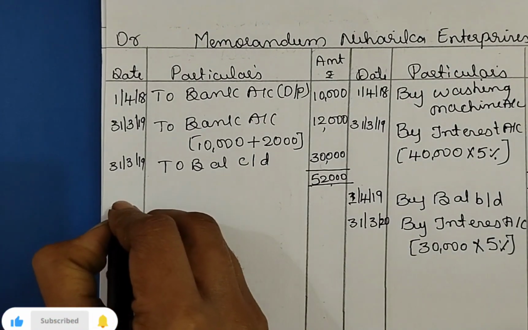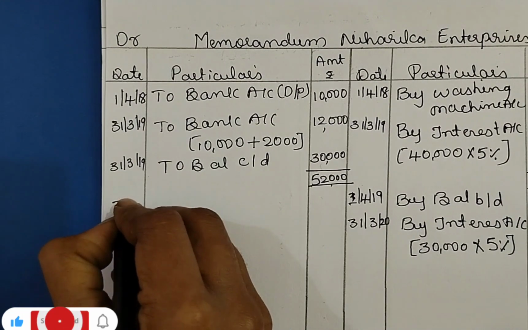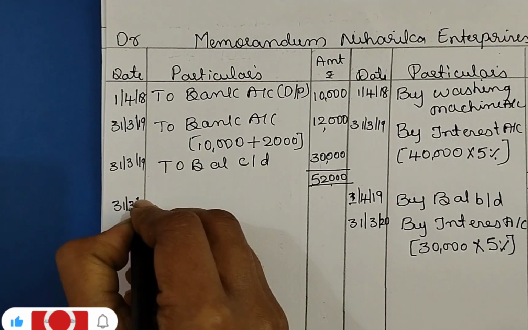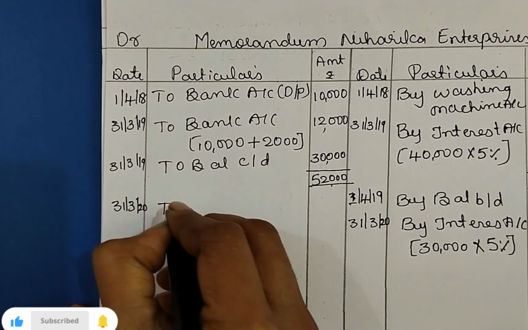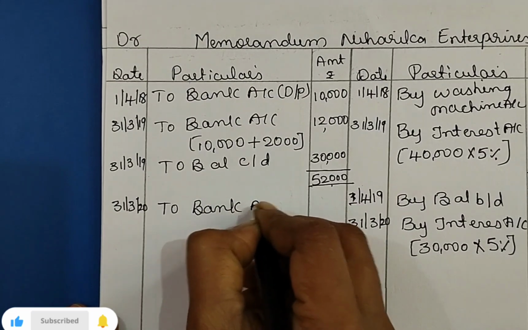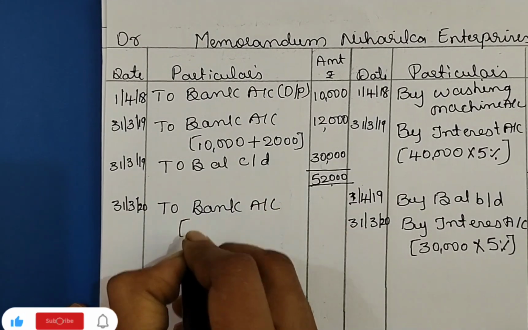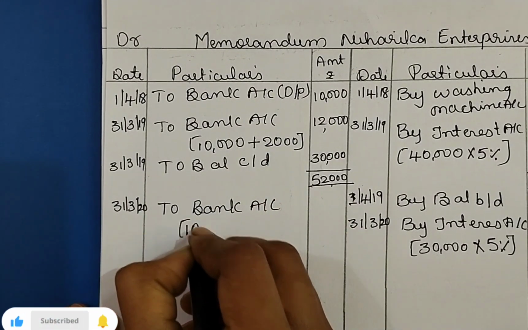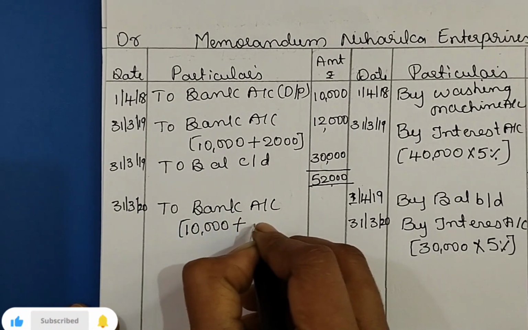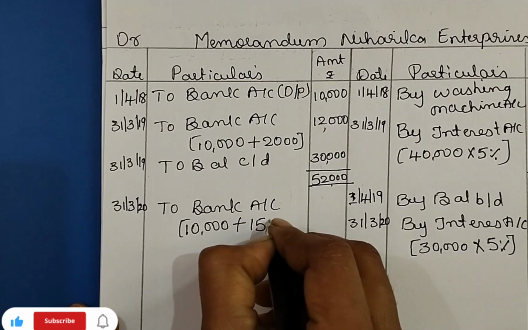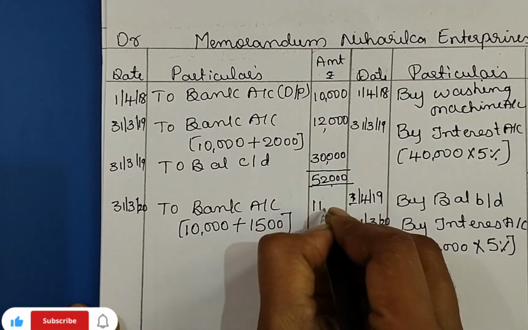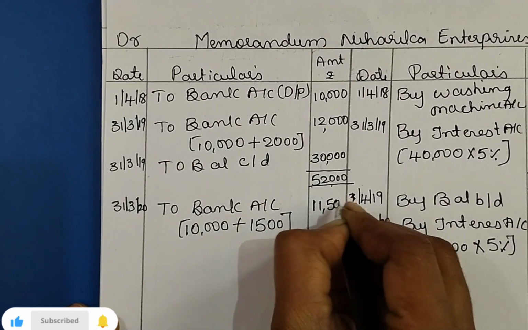And here only down payment we are paying on 31st March 2020 to bank account. 10,000 is installment plus interest 1,500, total 11,500.